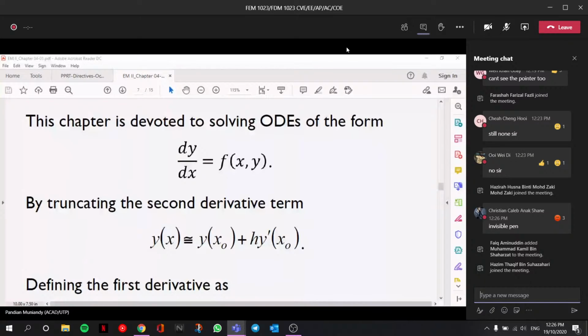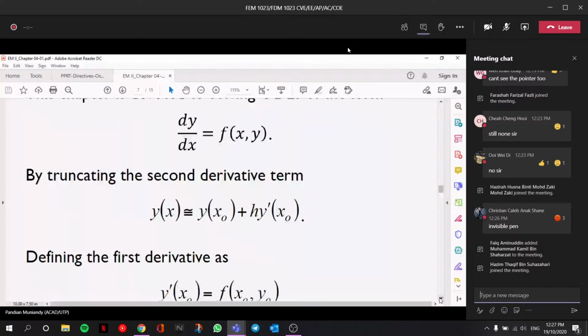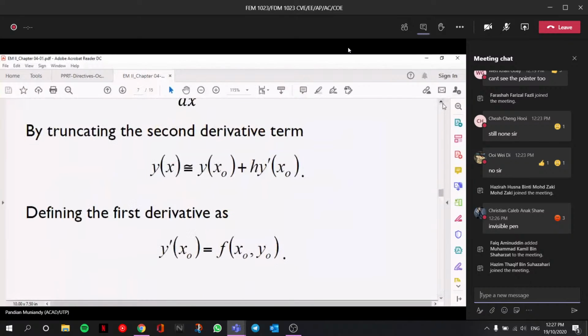Okay, so this is the method. If you look at this equation, slide number 7, y dash, this one.